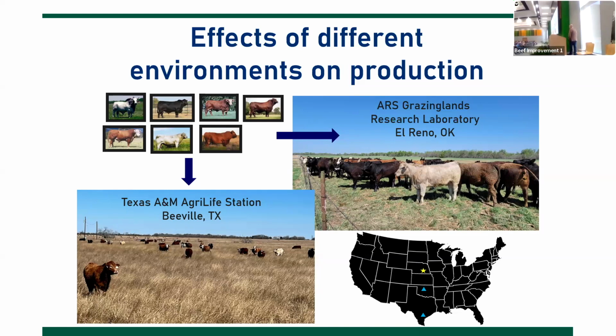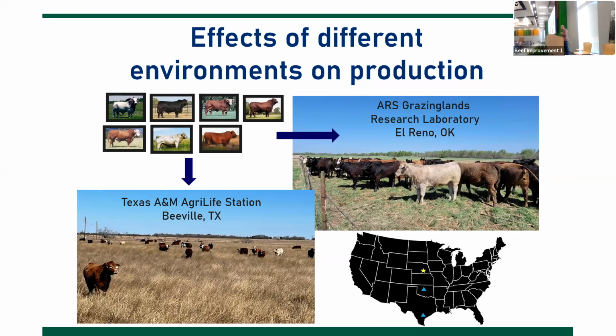We're also cooperating with another ARS location in El Reno, Oklahoma to pick out a different vertical picture of the central United States, and we want to continue to think about opportunities for spreading this out over time.